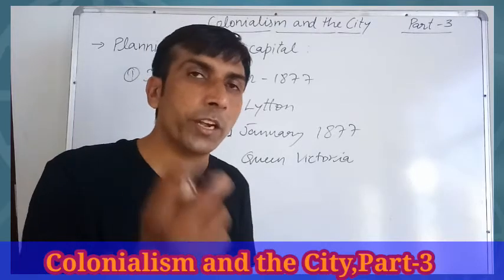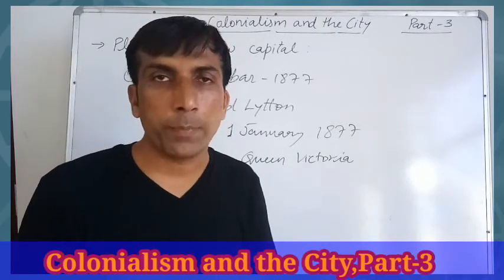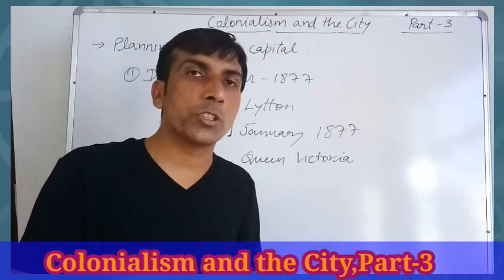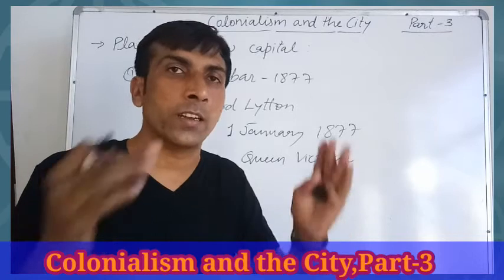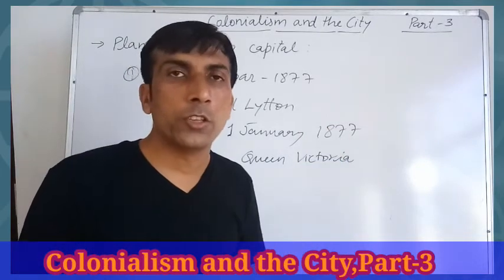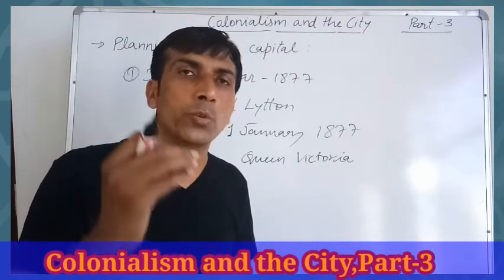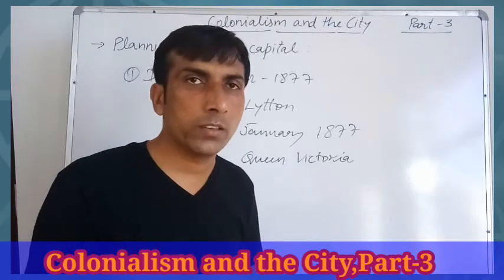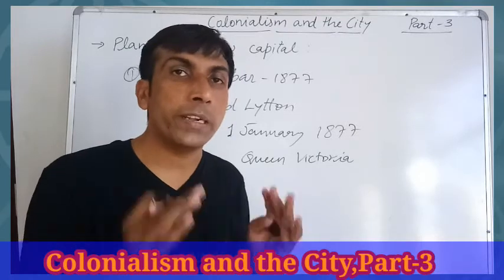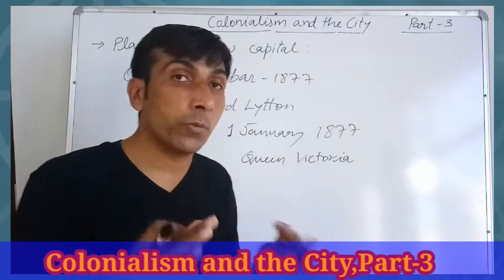Delhi played a very important role in the revolution. The people of Delhi completely opposed the British. They proclaimed Bahadur Shah Zafar as their emperor. Right? So the British wanted to show their power with pomp and show. Clear? They wanted to show their power in Delhi after the 1857 revolution.